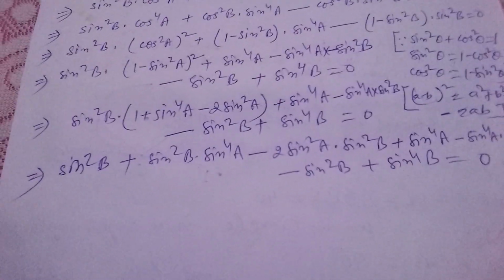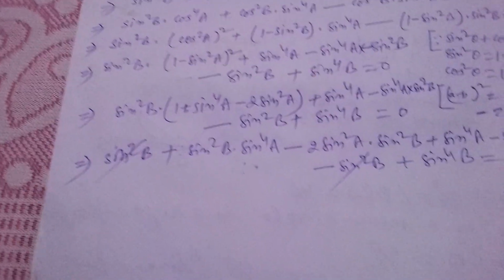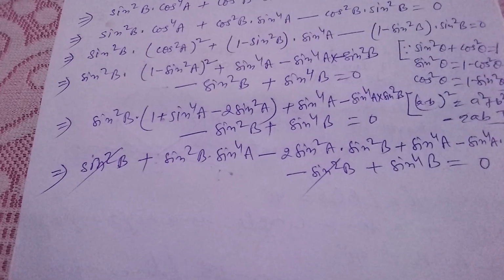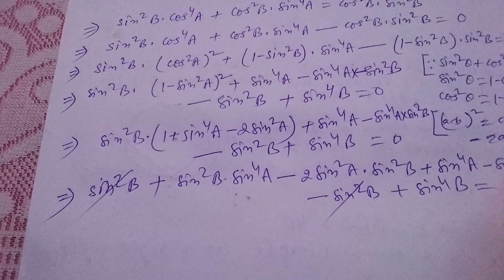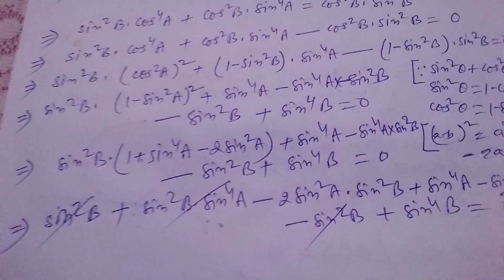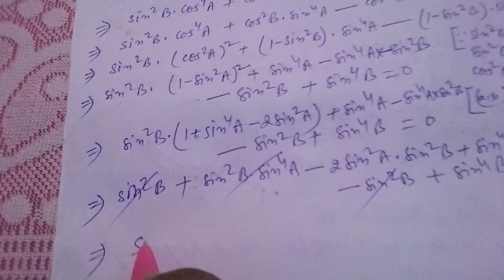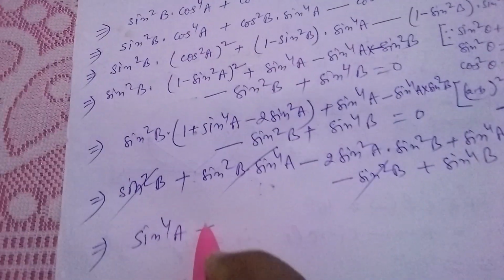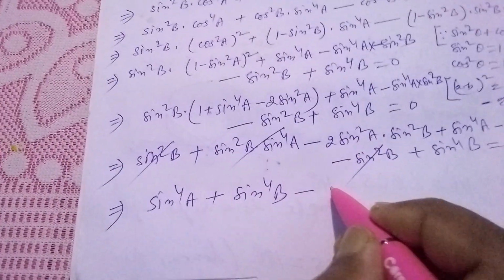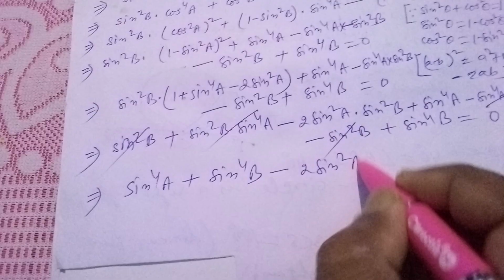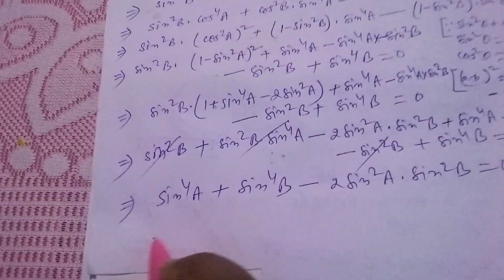Now let's see what can be cancelled. Sin square b and minus sin square b are cancelled. And then sin square b into sin to the power 4a, this and this cancelled. And then you see what is left: sin to the power 4a plus sin to the power 4b minus 2 sin square a into sin square b equals 0.